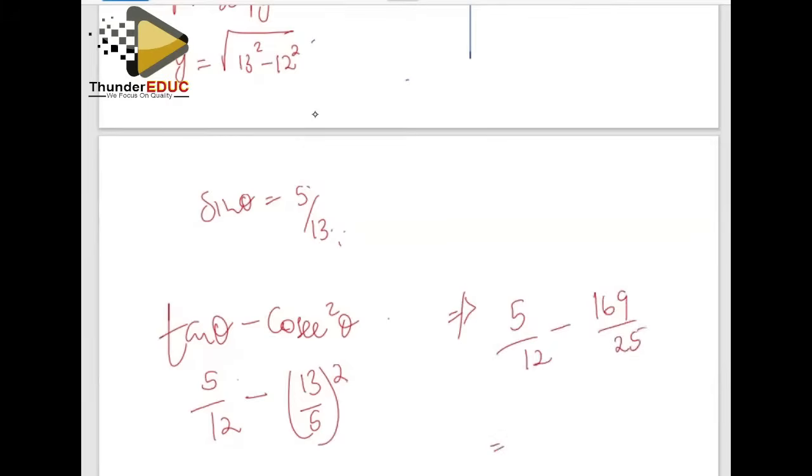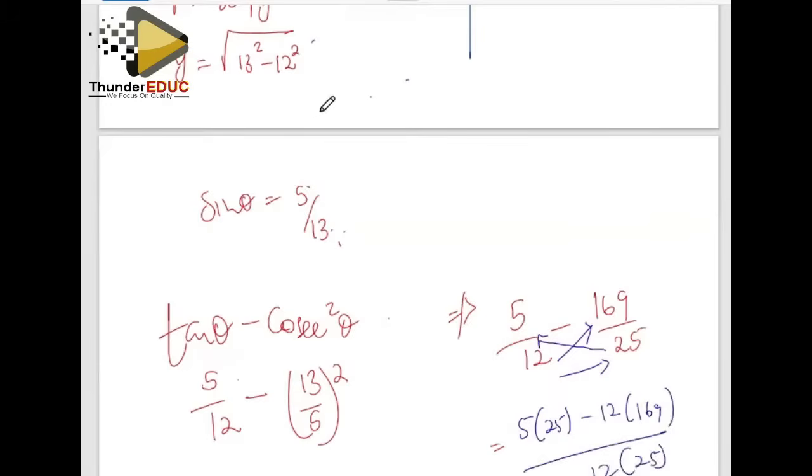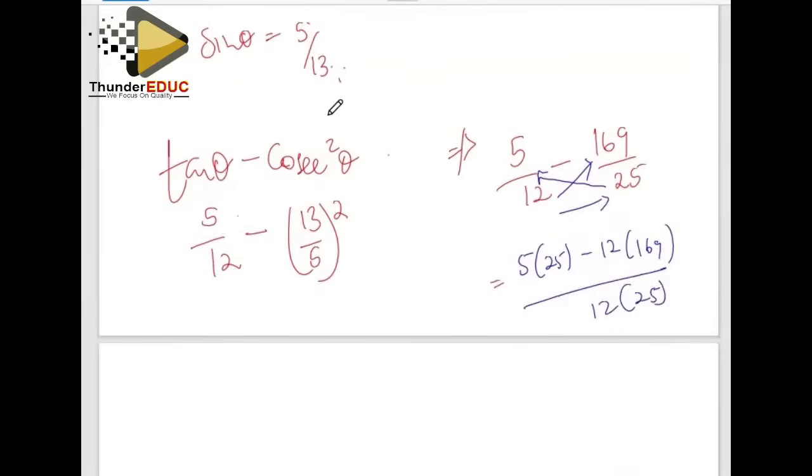In as much as they said without a calculator, we can still use the calculator to get this answer of ours. But remember, we are not allowed to give the answer in decimals, because that way we shall know that you've used the calculator. If you want to be very committed, do the cross multiplication with the fractions, so that you have 5 times 25 minus 12 times 169 over 12 times 25.